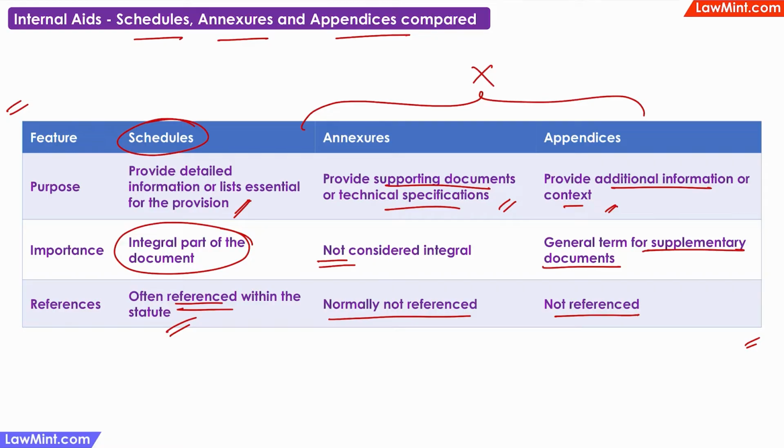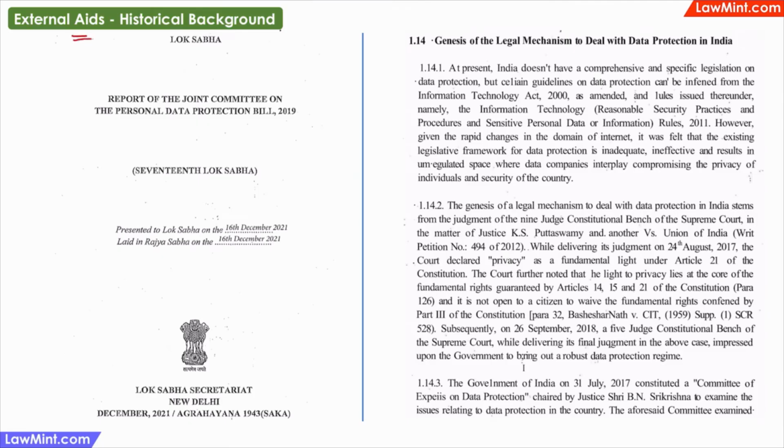We can start the discussion on external aids to interpretation with the historical background of the statute, which is usually available in the parliamentary reports on the bill before it became an act. The historical background tells us why the bill was needed in the first place and what were the steps that were followed to draft the bill, and also how it became an act.